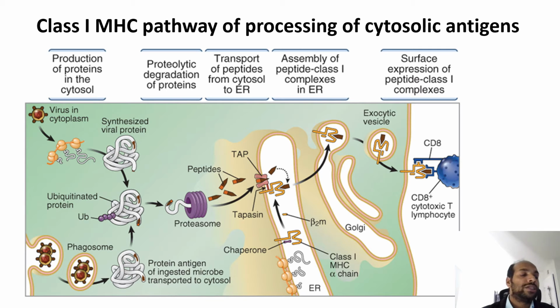The MHC1 molecule is formed. This complex is held together by another molecule called tapasin, which facilitates the transfer of peptides to the antigen binding cleft. All of this is happening in the endoplasmic reticulum.